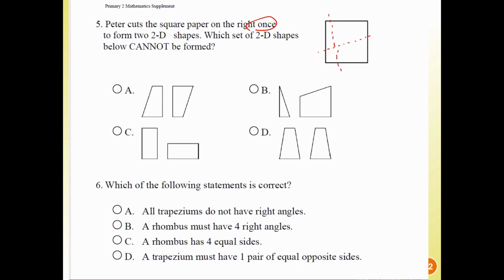But you can only cut the paper once, so you have to decide yourself. And when you look at the 4 answers here, you can try to put the 2 2D shapes together to see if they actually end up being a square like this in order to find the correct answer.